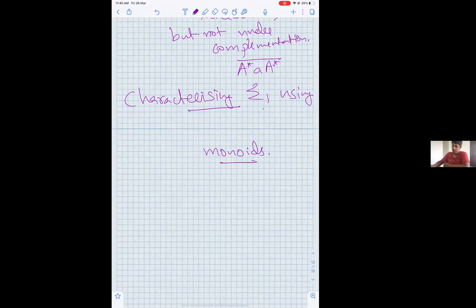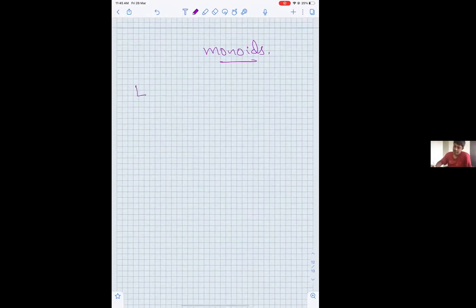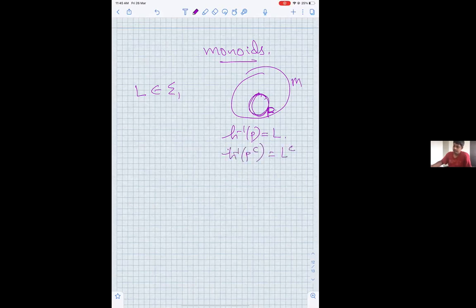So now we come to a problem. Let's imagine I have a language L in sigma 1, and imagine I have a monoid which recognizes L using the set P. So h inverse of P is equal to L. If I just complement P, P complement will be L complement. Yeah, that is the normal way of things.